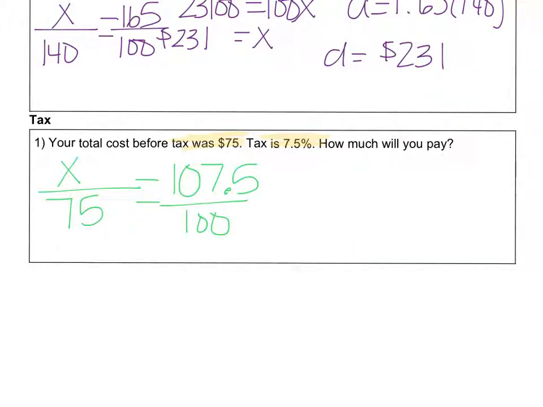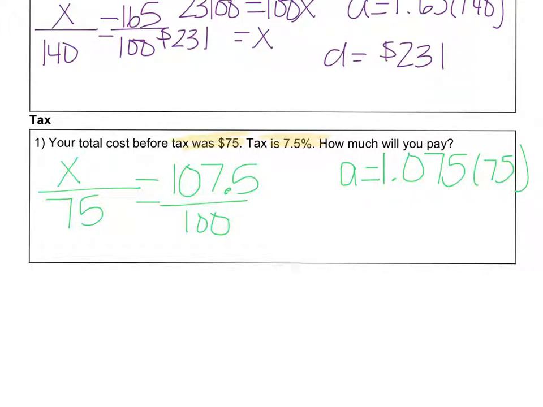If you wanted to set it up as an equation, A equals 1.075 times 75. We can't cut anything off yet because we don't want to get the wrong answer just because we maybe cut the 5 out or something. So we want to make sure that we keep what we have.